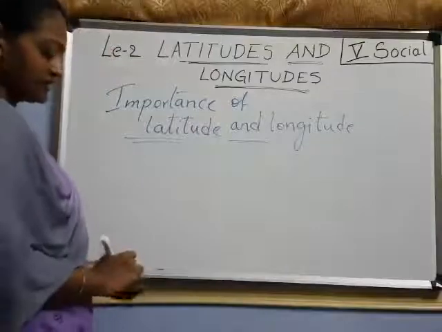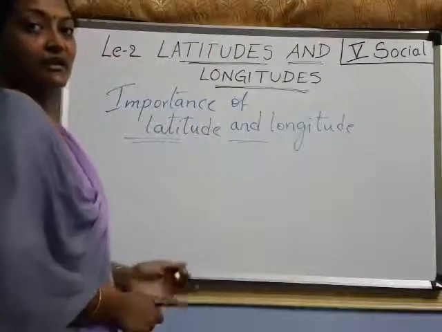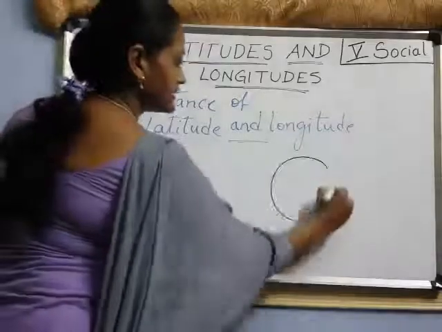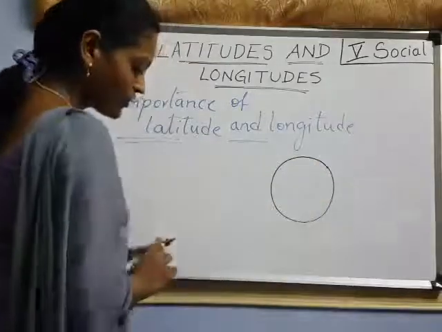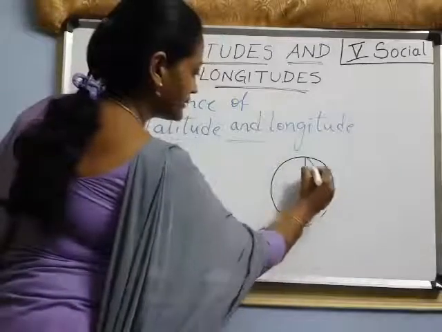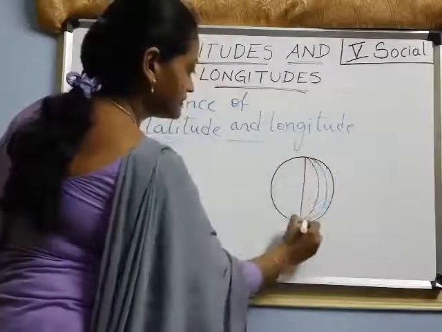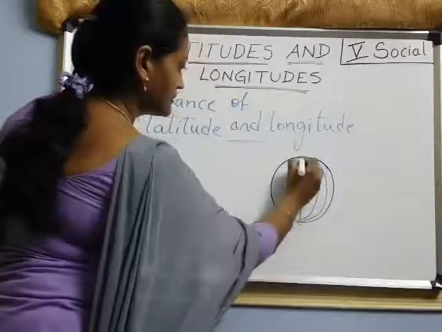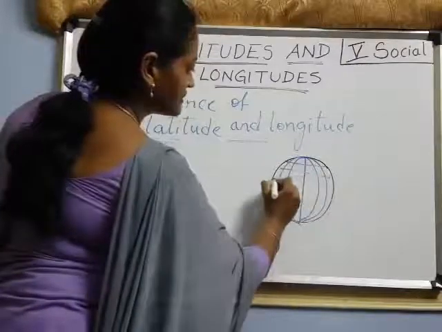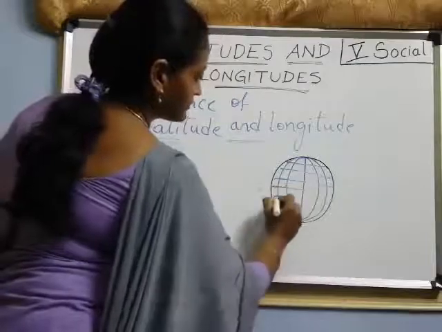Look at here. The main importance is these two form a grid, right? What I said, those two form a grid, right? They form a grid like this, isn't it, children? This is the main.